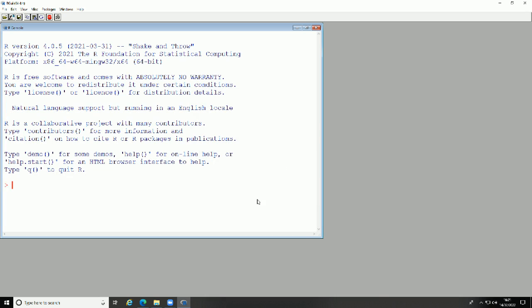In R, there is a very simple command for us to compute a Poisson probability, which is dpois. POIS is the short form of Poisson, and D stands for distribution. What we need to do is to input the value of x, for example, the first number of x, which is 9.